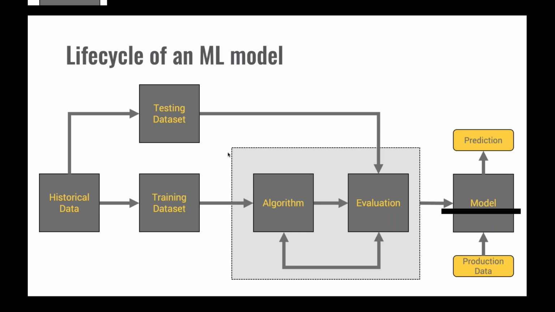What is the life cycle of a machine learning model? Well, machine learning, whether you do it as a classical machine learning training or you do it with deep learning, essentially has multiple phases. One of the first steps is basically to take the historical data set and split that into a test data set and a training data set. And the training data set is passed on to an algorithm that is most appropriate for the business problem.